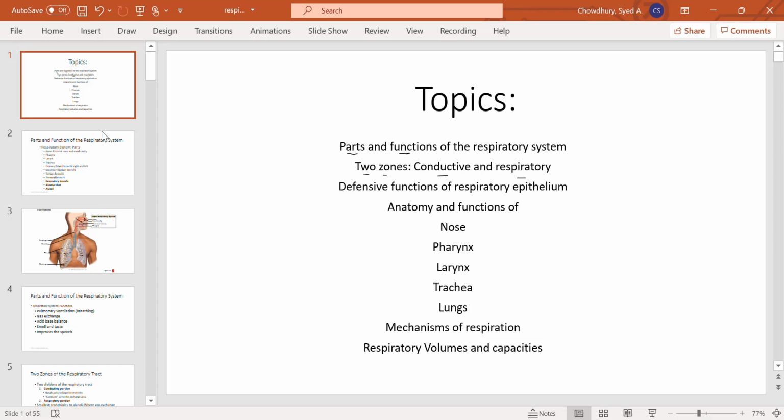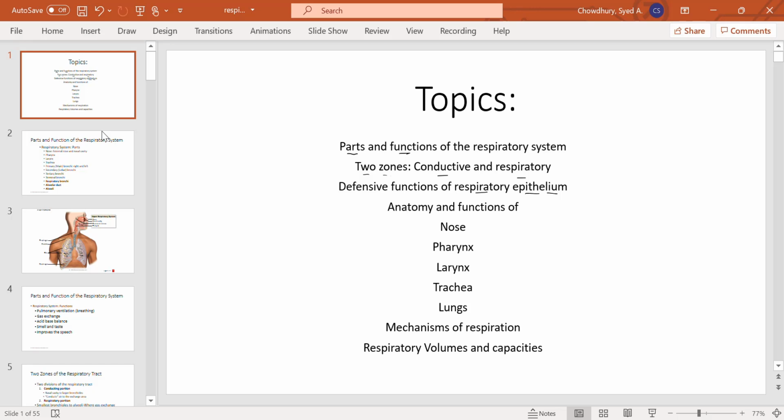We'll see what are those two parts of the respiratory system. Then we'll talk about the respiratory epithelium. Respiratory epithelium is the inner lining of the respiratory tract, and the respiratory epithelium is a part of your immune system, protection.